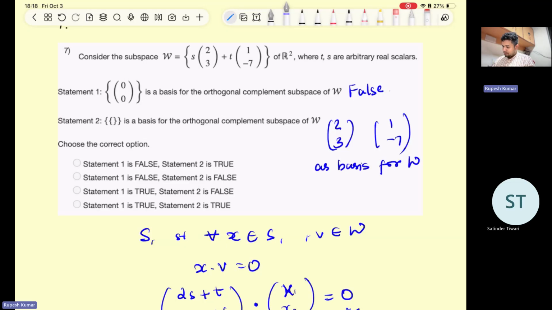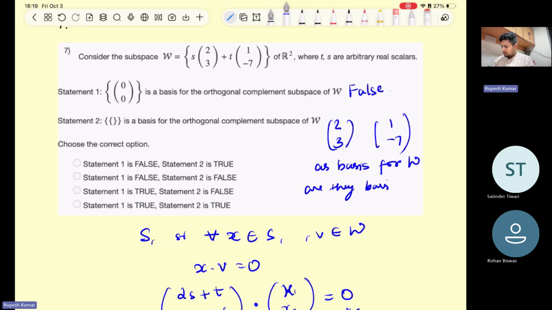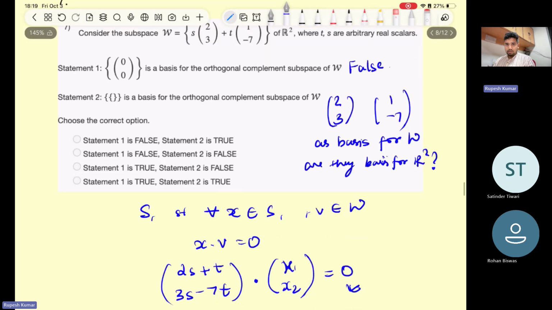The subspace W. Now my question is, are they sufficient? Are they a basis for R2? Can anyone tell me? I think by row space we have to take.